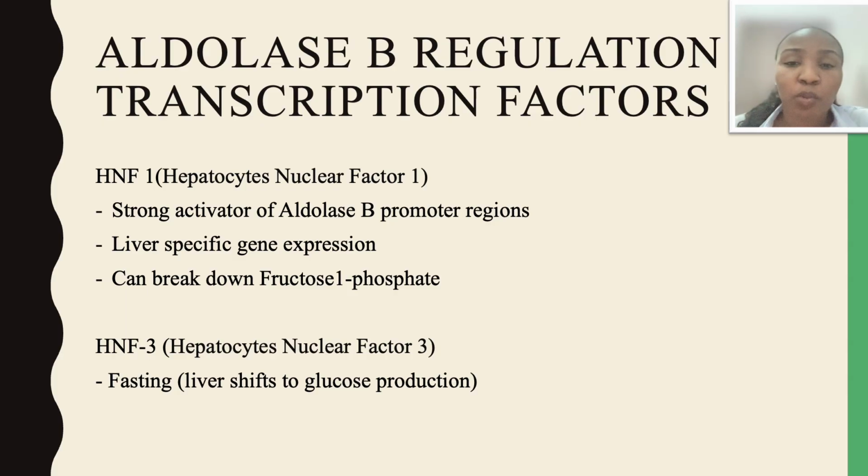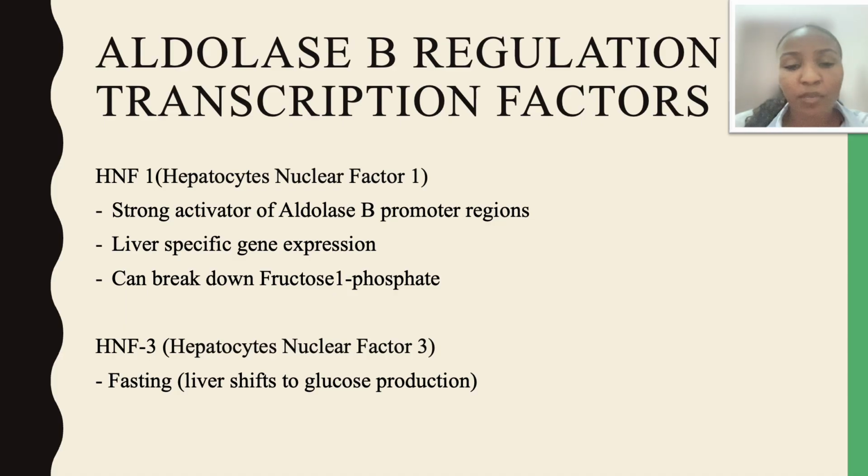It binds to the promoter regions and ensures high expression of aldolase B, and it makes sure that it's specific to the liver. And you can imagine that if there's a mutation or something wrong with this HNF1 transcription factor, it will affect how much aldolase B is expressed.